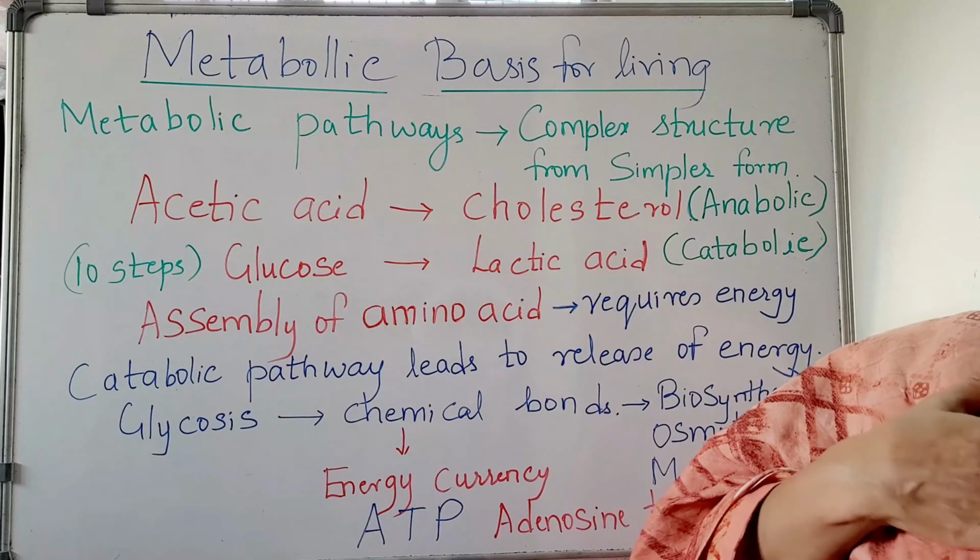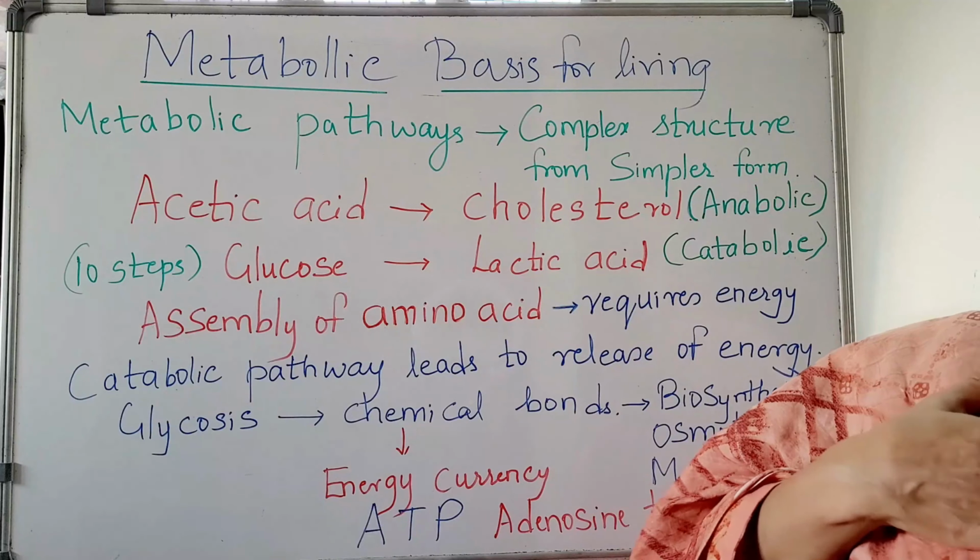Now, the metabolic pathways convert the complex structure from simpler ones. In the metabolic pathway, complex structures are formed from the simple one. For example, from acetic acid, cholesterol is formed. So here construction takes place, that is anabolism.